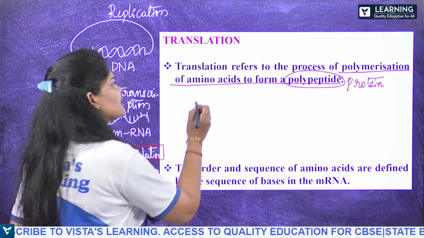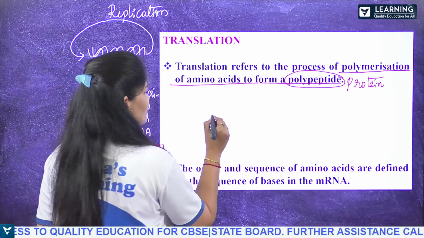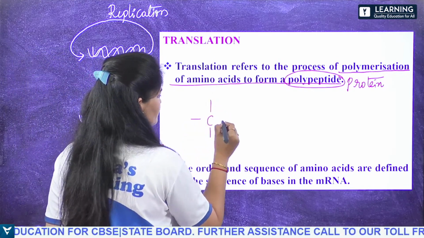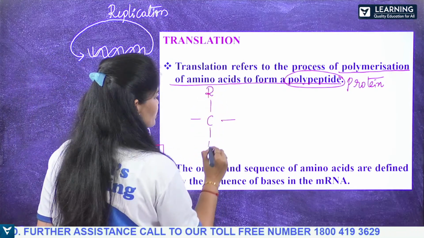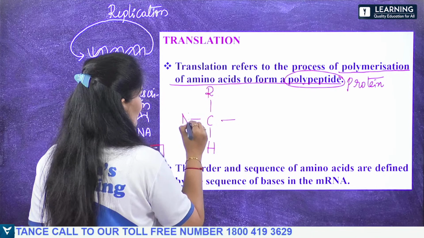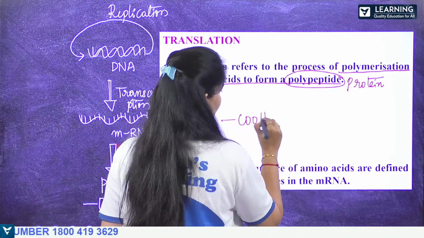Now, if you look at the structure of an amino acid, we can see a functional group, hydrogen, an amino group, and a carboxyl group.